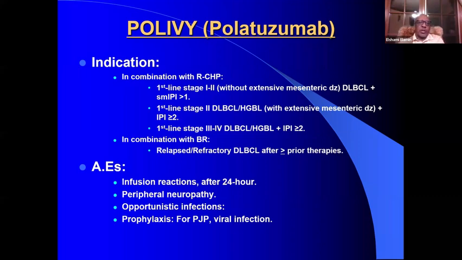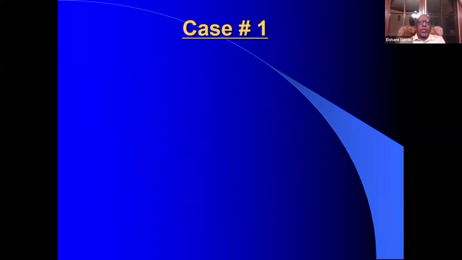So be aware of that. Peripheral neuropathy is an issue. Opportunistic infection is one of the issues with this drug. So all patients should be given prophylaxis for PJP or PCP and for viral infection. So you use Bactrim for the PCP or PJP prophylaxis, and acyclovir for viral infection.